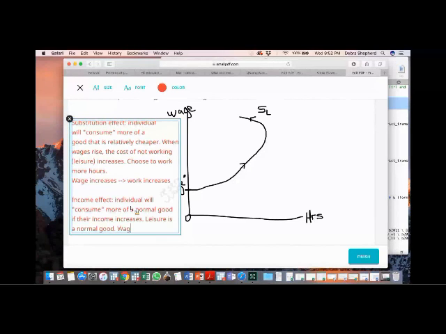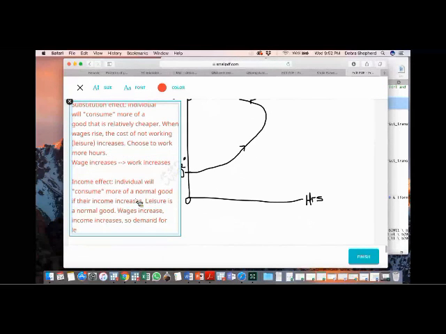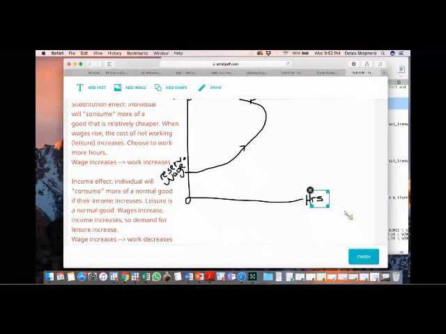It is something that we will consume more of if we have more money. So the income effect says if wages increase, income increases, so the demand for leisure increases. So the income effect has the opposite effect of substitution. Wage increases, work decreases, because you would rather consume more of this normal good, the leisure.